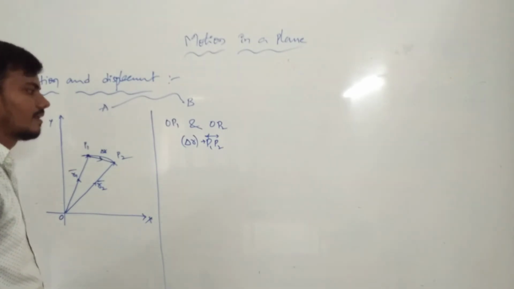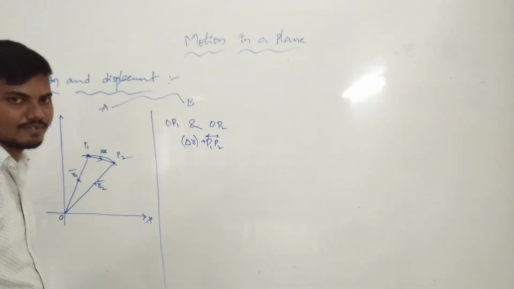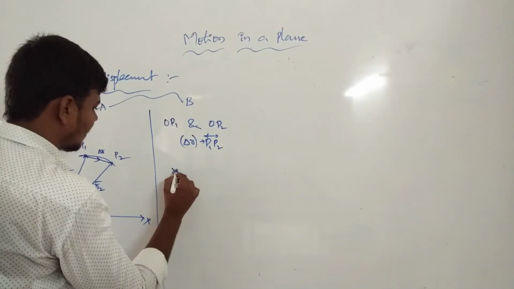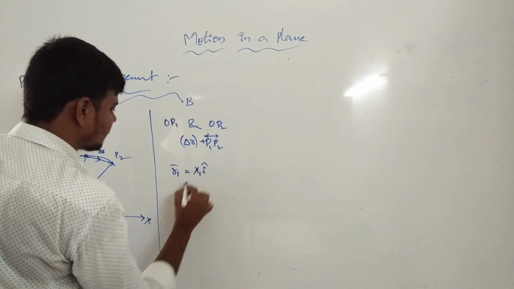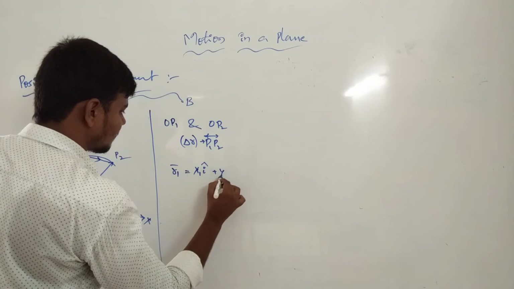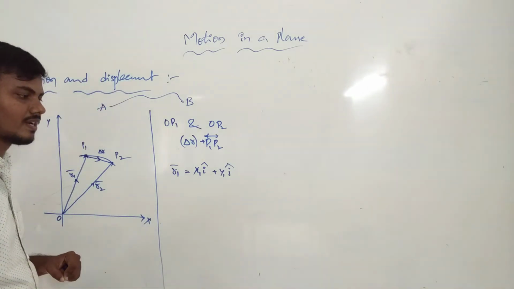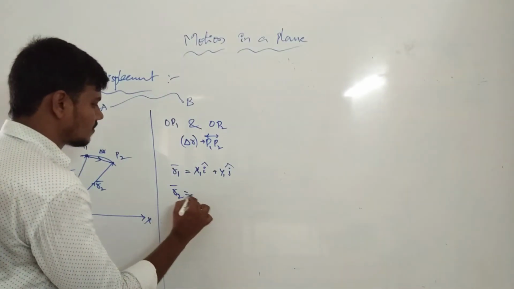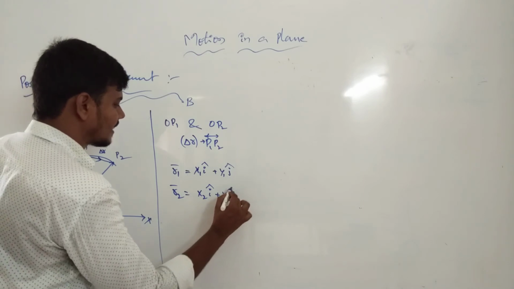Clear? Right, now how can we represent it? Clearly you can observe, the R1 vector we can take as R1 bar equals x1 i cap plus y1 j cap. Now R2 bar equals x2 i cap plus y2 j cap.